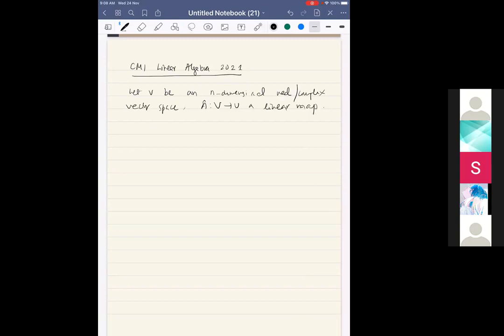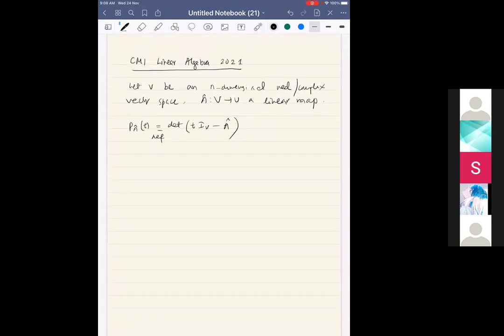So look at the characteristic polynomial P_Â(t), which is the determinant of tI_V minus Â, is the definition. K equals R or C depending on the context.